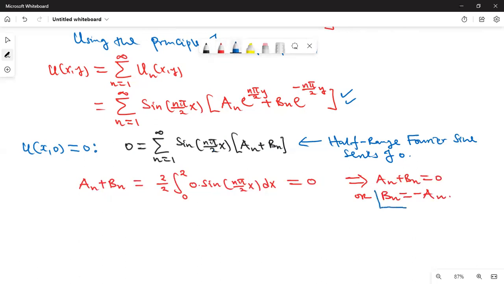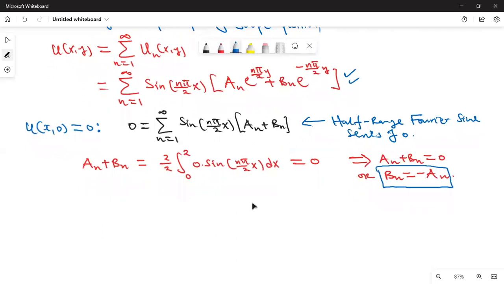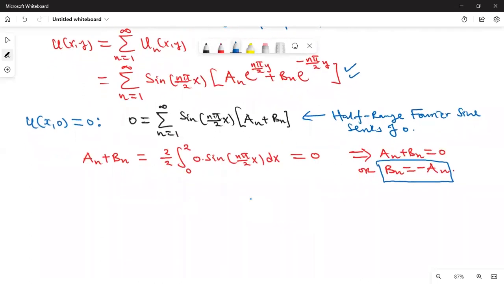So this is very important. Now let's replace where we have b subscript n by negative a subscript n in this equation. So therefore, u of x, y is equal to, remember, here now instead of b n, it is negative of a subscript n. So you see a subscript n is common. I'm going to factor that out.